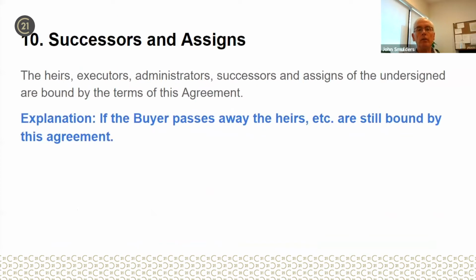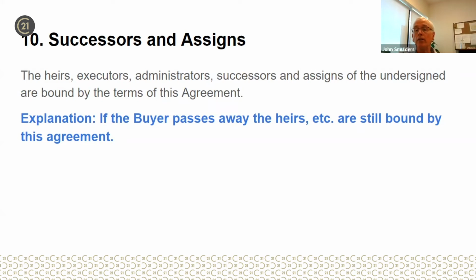No, this is if the buyer passes away. Yeah, that's what I mean. Like, if I don't exist, nobody else is responsible. Right. So they can legally do that. Yeah, in this case here, you're bound, the buyer passes away, the heirs, et cetera, are still bound by this agreement, okay?